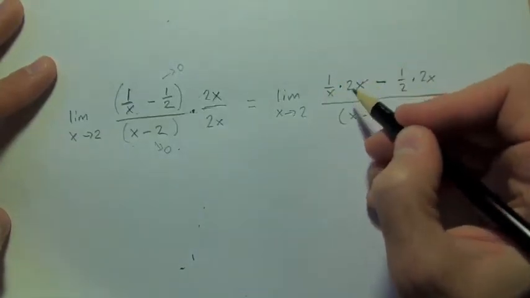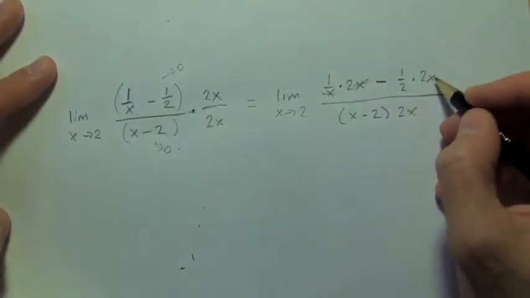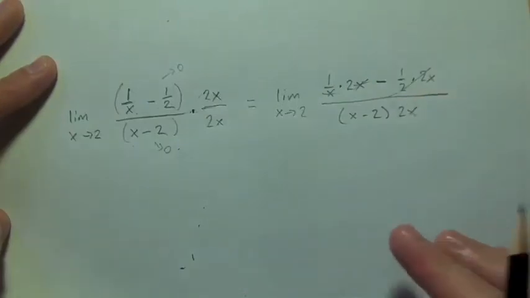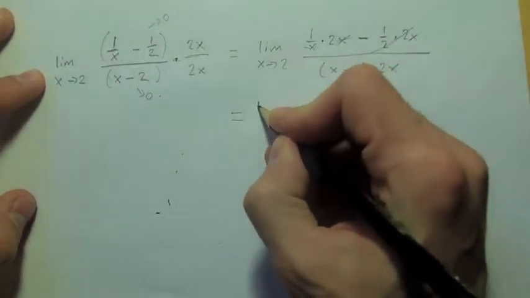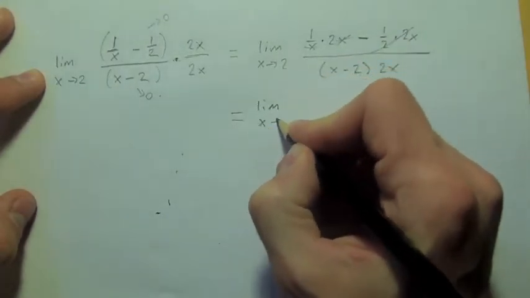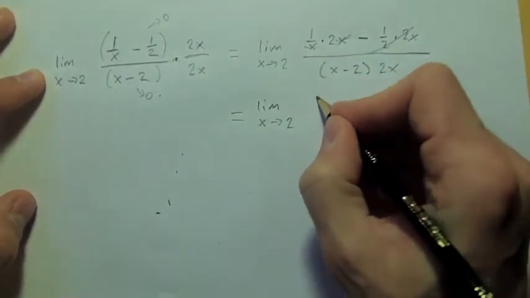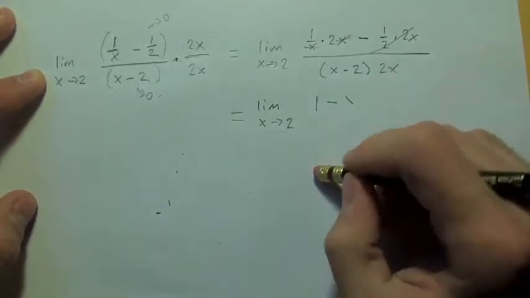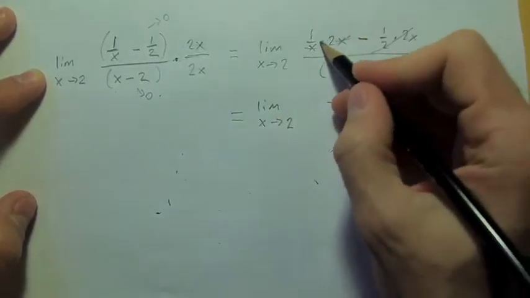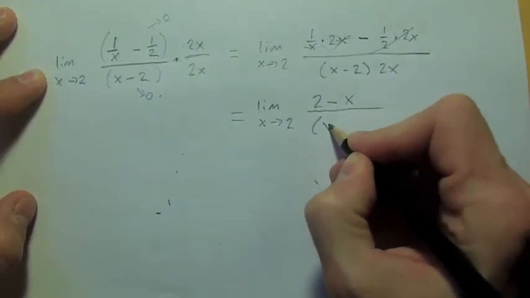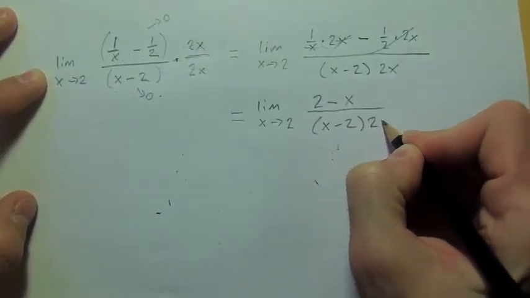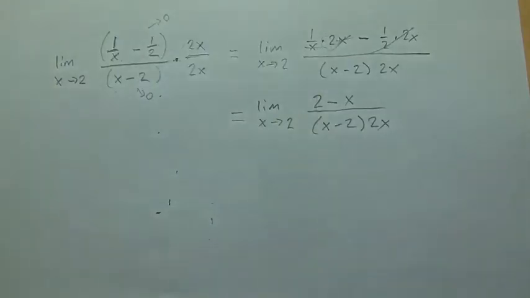Here the x's cancel, and here the 2's cancel, right? So what I'm left with is the limit as x goes to 2 of 1 minus, oh, sorry, there's a 2 left there, 2 minus x all over x minus 2 times 2x. All right, we're almost there.